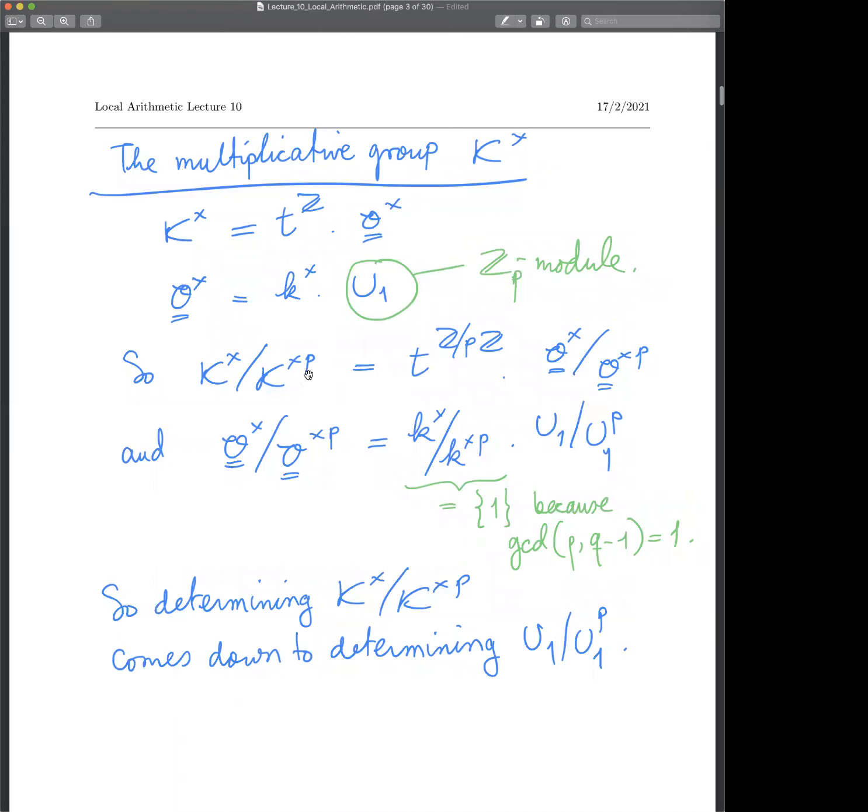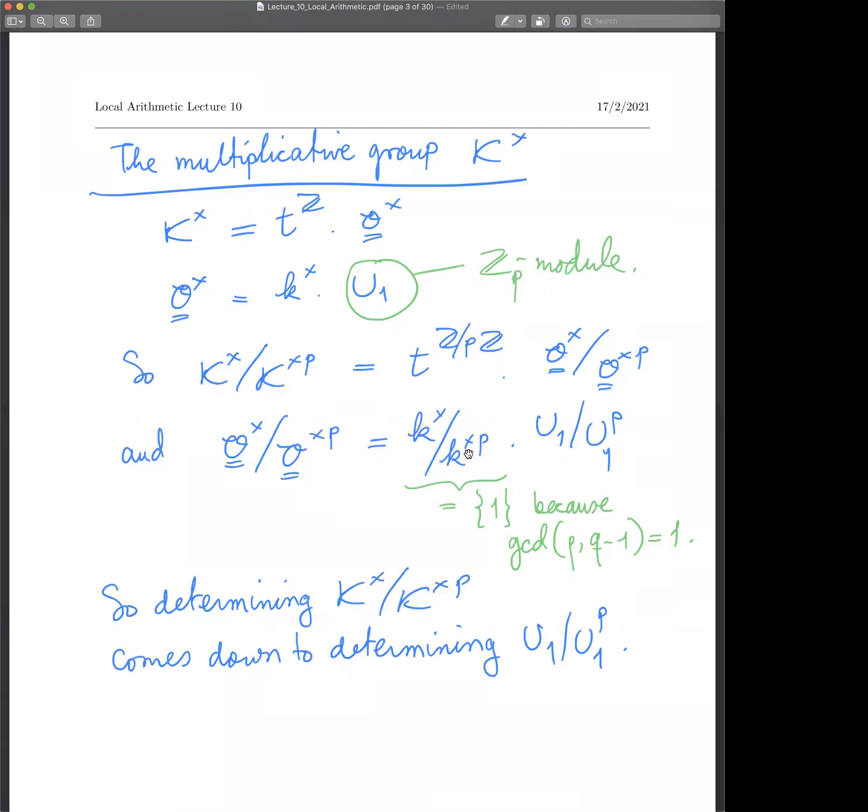Anyway, modulo pth powers, you are going to get this here, and O star modulo pth powers is little k star modulo pth powers, which is trivial because the GCD of p and q minus 1 is 1. This little k star here is cyclic of order q minus 1.